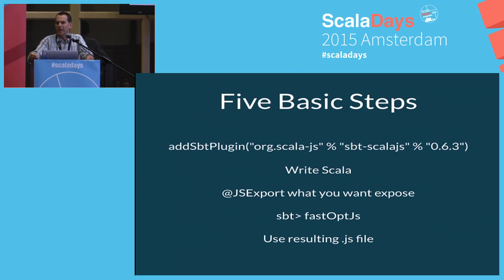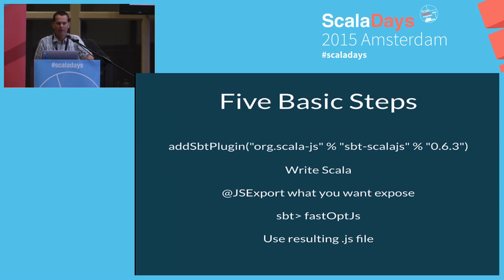And you do this with an annotation. The point of this is so the compiler can throw away all the standard library you're not using. So you end up with a much more minimal JavaScript file at the end of it. There's an SBT command called fastOptJS that gives you the JavaScript file, and then you can just include it. There's no additional runtime you need or anything special like that. It's just a JavaScript file.